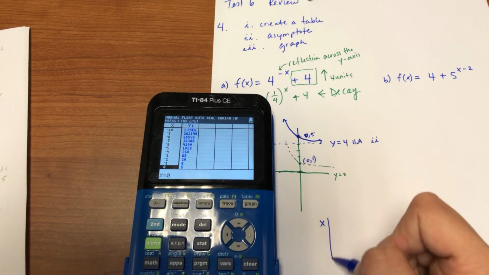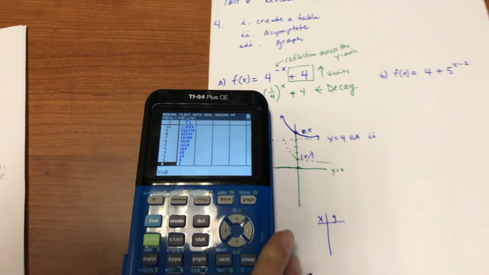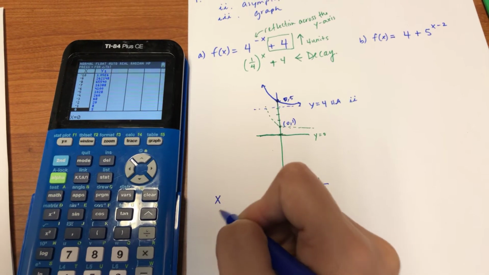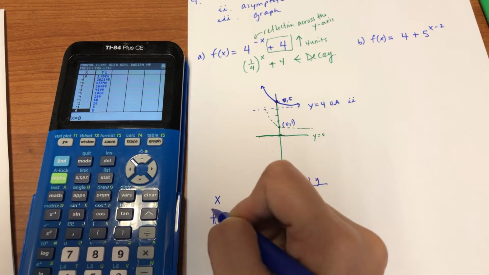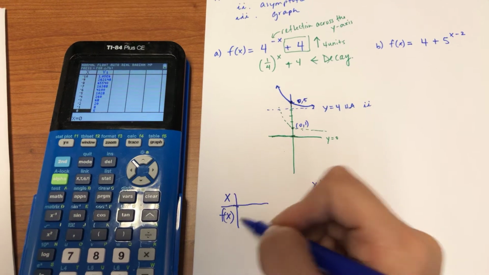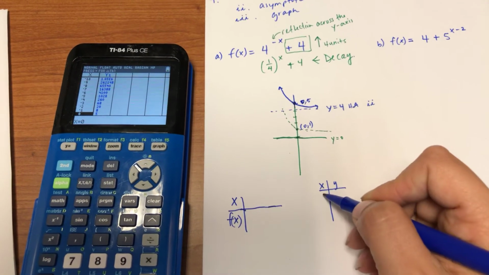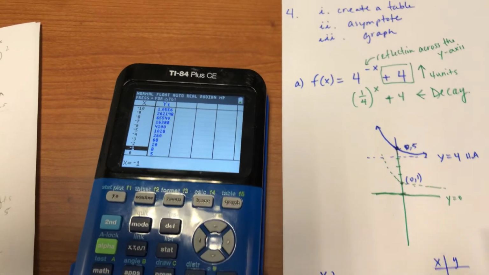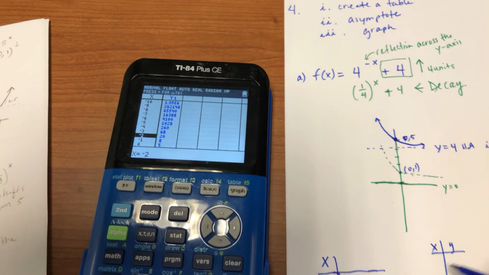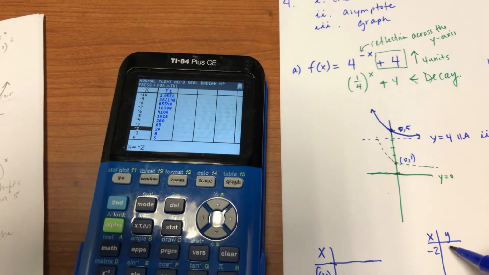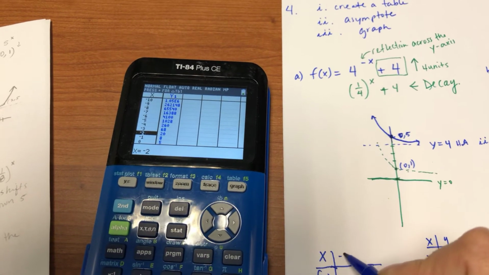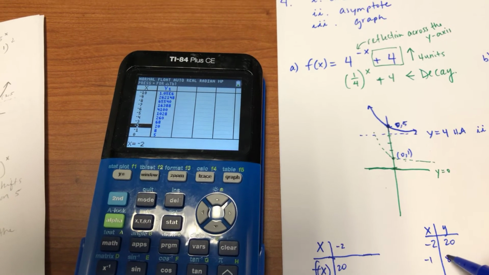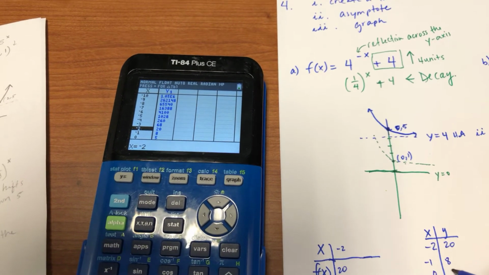When you're building your table, you could see it like this, or you could see a table where f of x is horizontal. They both say the same thing. So we could put some key points here. -2 would give me 20. -1 would give me 8. 0 would give me 5.